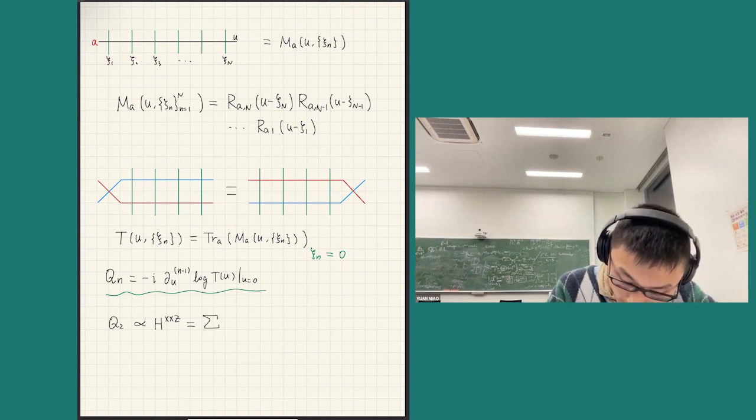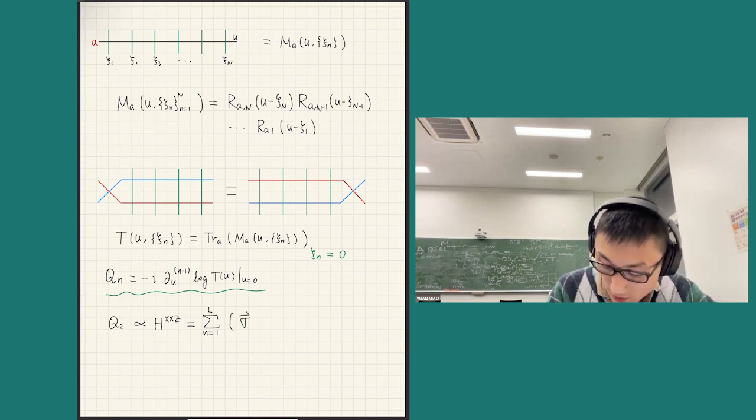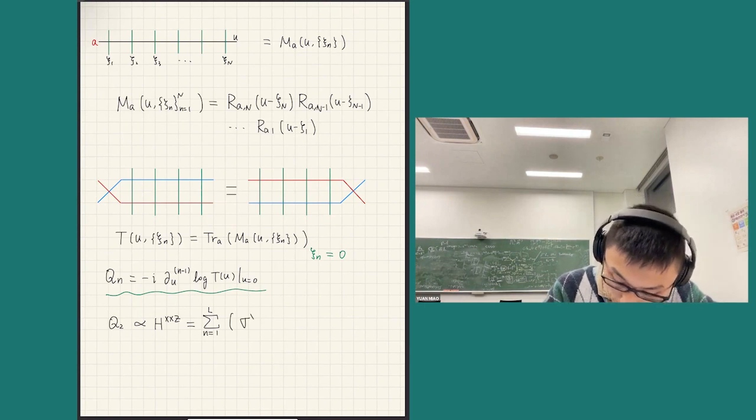And to write it explicitly, we can write it in terms of spin 1/2 operators in this way.